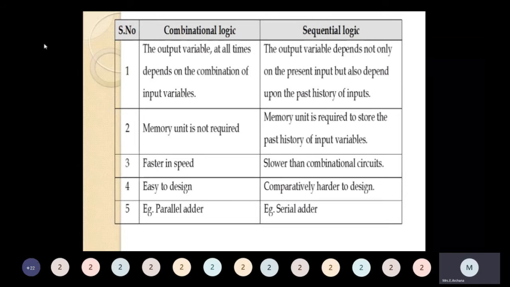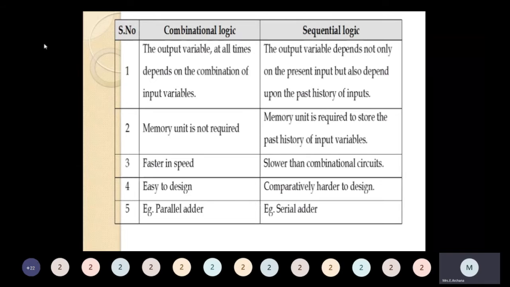The best example for a combinational circuit is a parallel adder. For example, if we are doing 4-bit addition, we are going to give 4 input data, it will process the data, and it will give the output. But in case of a sequential circuit, a serial adder is an example.